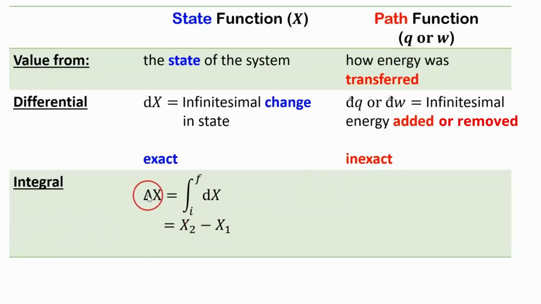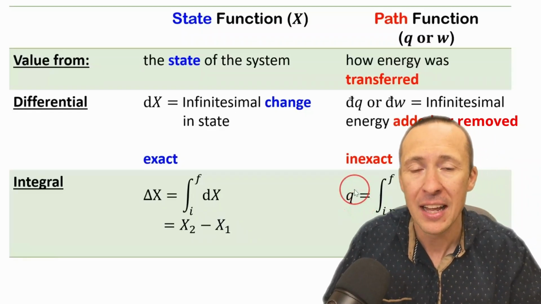So for the integral, the change in the state function is equal to the integral of dx, whatever the state function is, from the initial to final state, which is truly final minus initial. But for a path function, the integral depends on the path. We can't write it out. So q is equal to the integral of dq. There's no delta q.